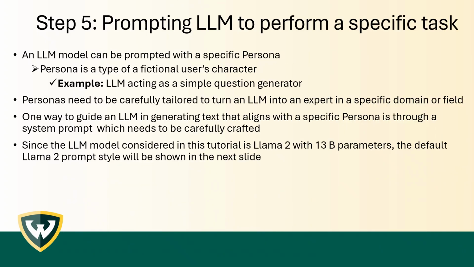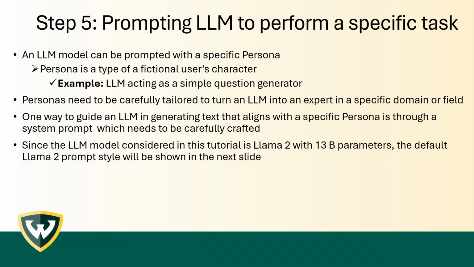For an LLM model to perform a specific task, an LLM needs to be prompted with a specific persona, which is a type of fictional user's character. For example, an LLM model can be prompted to act as a simple question generator. However, personas need to be carefully tailored to turn an LLM into an expert in a specific domain or field.